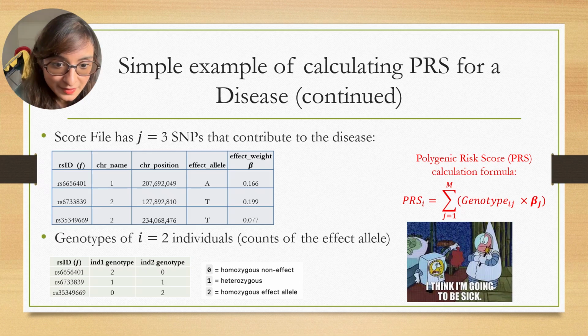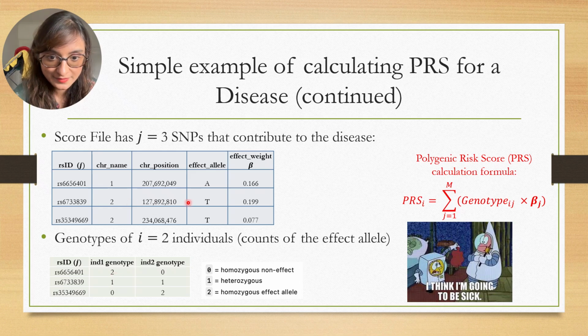one from each parent. So it would be an A from one parent and an A from the other. Sorry, that came out a little bit messy, but it would be an AA here. And then for this SNP, the same person has a 1.